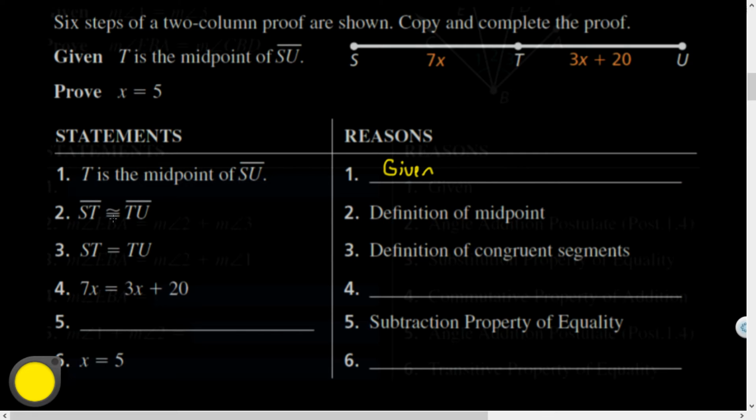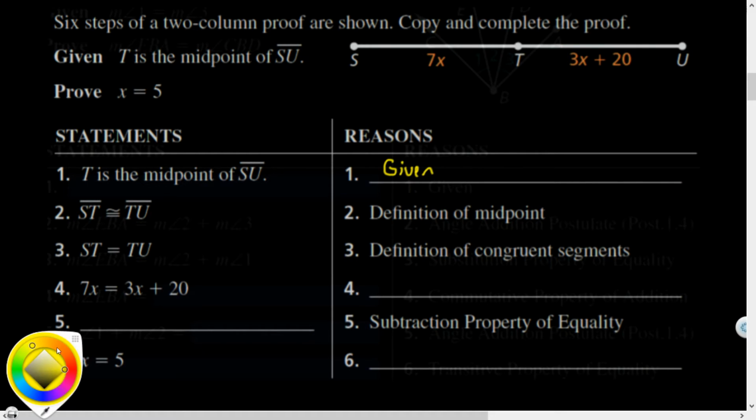And whenever I go from congruence to equality or equality to congruence, the way I do that is def of cong, definition of congruence. If the segments are congruent, then their measures are equal.